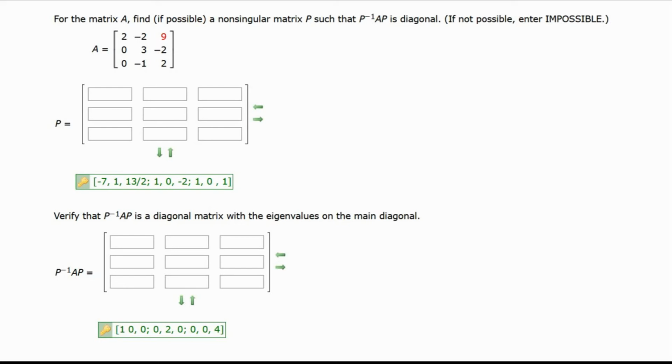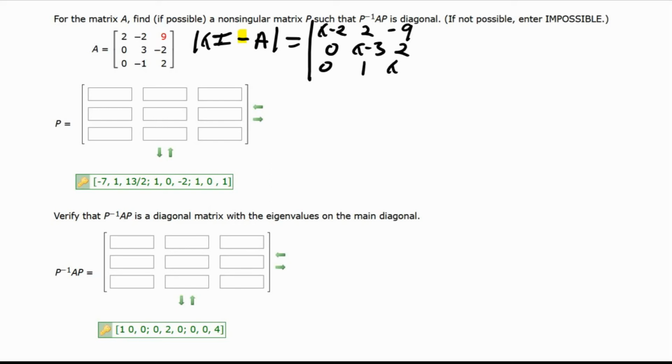So the determinant of lambda times the identity minus A is equal to the determinant of the matrix with rows lambda minus 2, 2, -9; 0, lambda minus 3, 2; 0, 1, lambda minus 2.